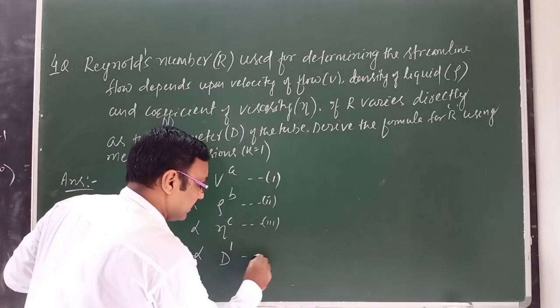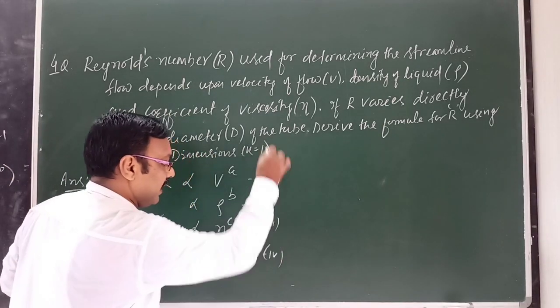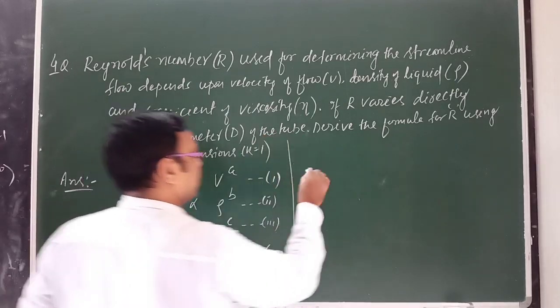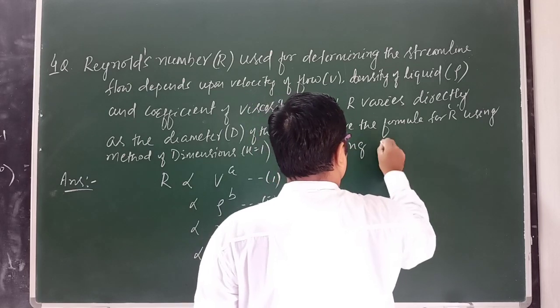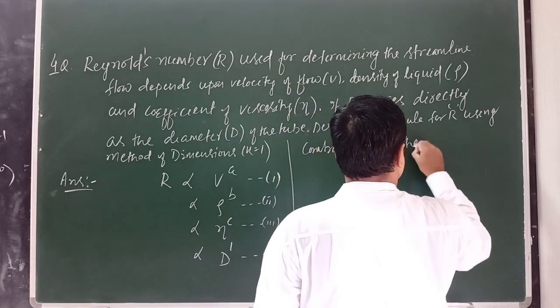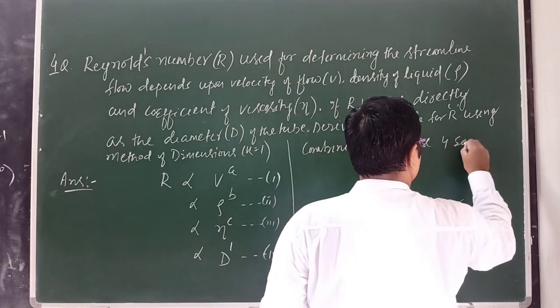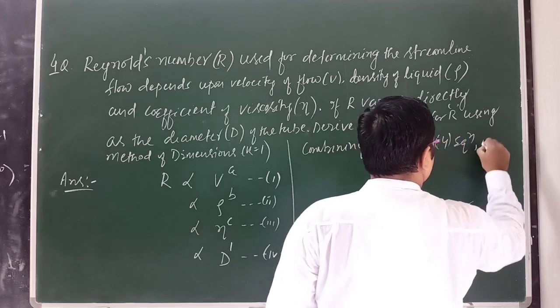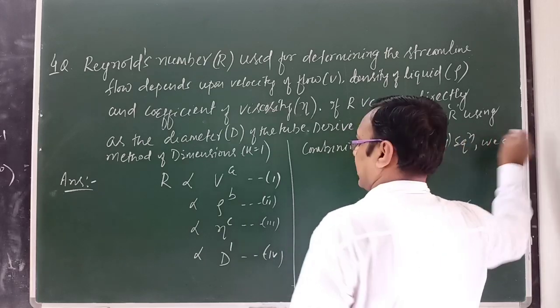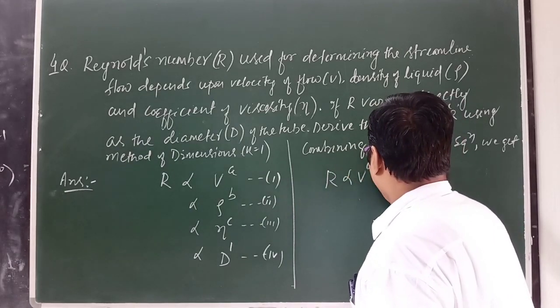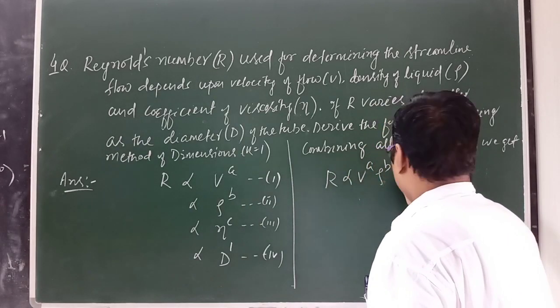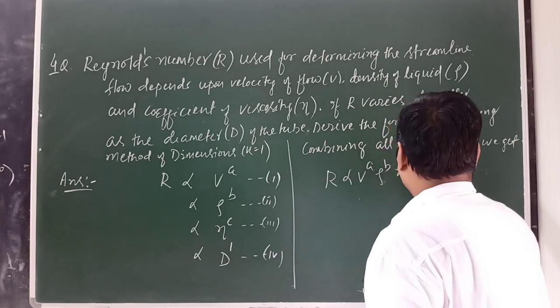Let it be equation 4. Combining all these 4 equations, we can write R is proportional to V to the power A, rho to the power B, eta to the power C and D to the power 1.